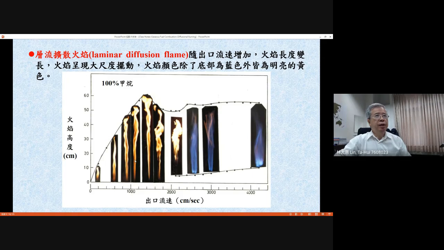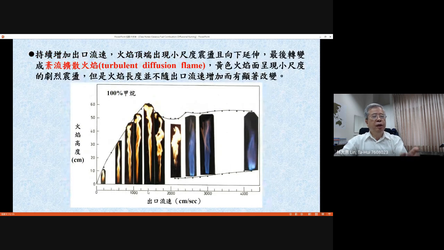In this region the flame length increases, and there is some large scale fluctuation, and the color becomes totally yellowish, except the base of the diffusion flame. This first part runs from 0 centimeters per second up to maybe 1400 centimeters per second, and these characteristics correspond to the laminar diffusion flames.